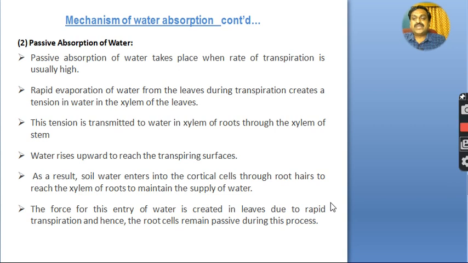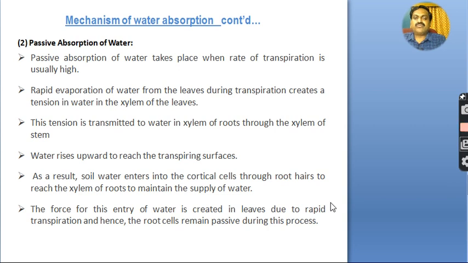But the energy required for absorption of water will be transferred from some other part of the plant body where the energy is created to the root hairs for absorption. Being passive, by utilizing the energy which is created in some other part of the plant body, the root hairs are able to absorb water. This phenomenon is called passive absorption of water.